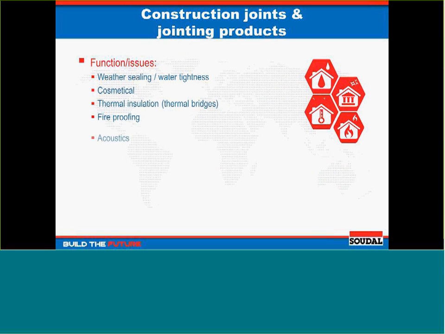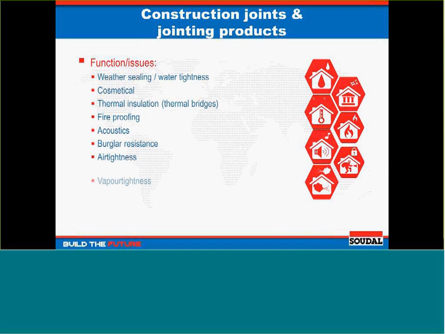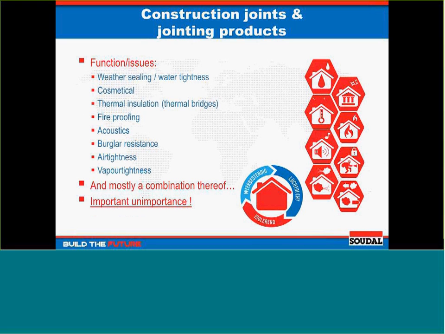Just to mention a few here. Of course, airtightness is what we are looking at today, but they fulfill a lot of other functions, which leads me to say that they are of importance. Often a combination of functions is required, so these very small products are quite important.